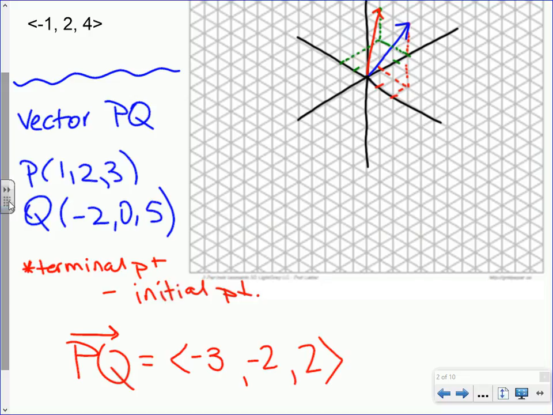Do you remember when we worked with the vector i and the vector j? What were those vectors? i was 1 unit in the x direction, and j was 1 unit in the y direction.